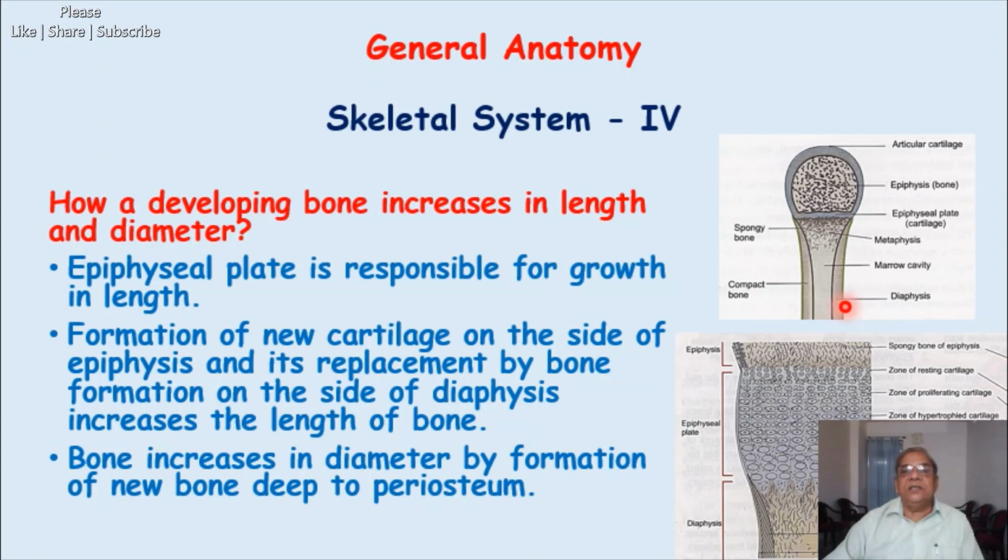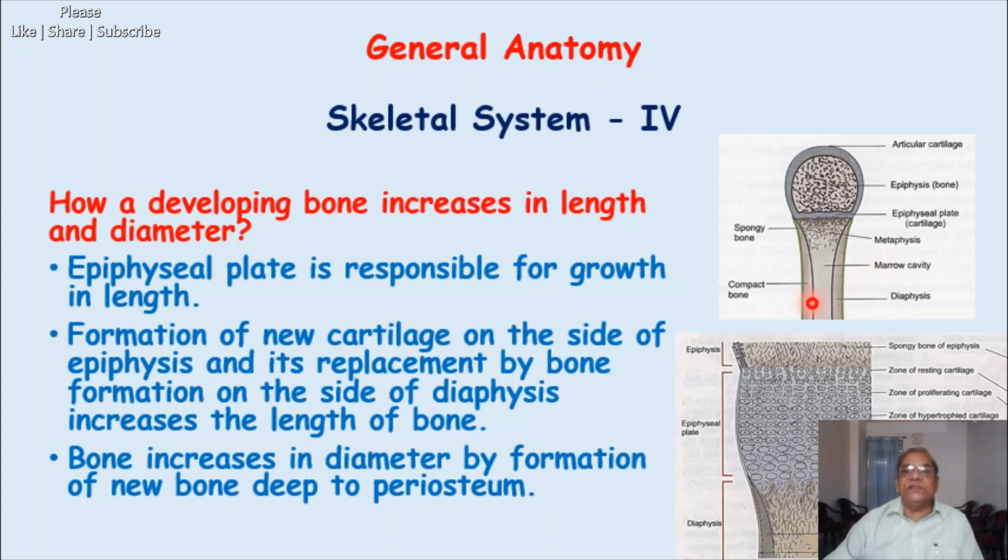So this fact is important, that is the growth in the cartilaginous plate, the epiphyseal plate, which is responsible for the growth of the long bone. Now the question comes, how does the growth in the diameter of the bone take place?